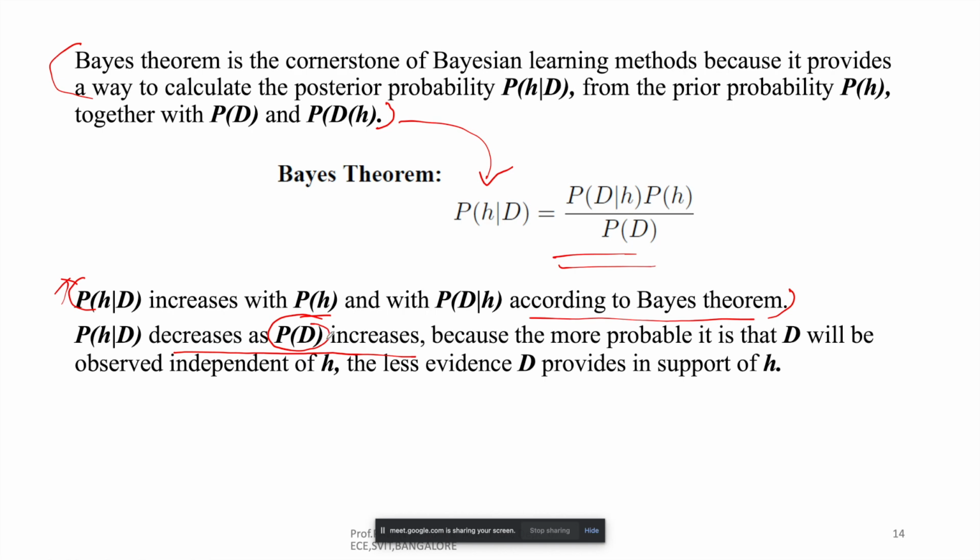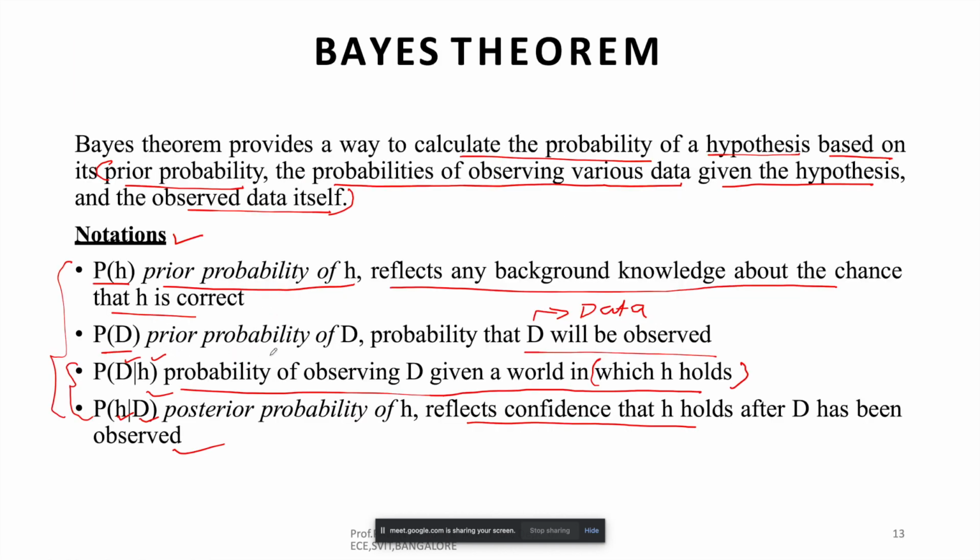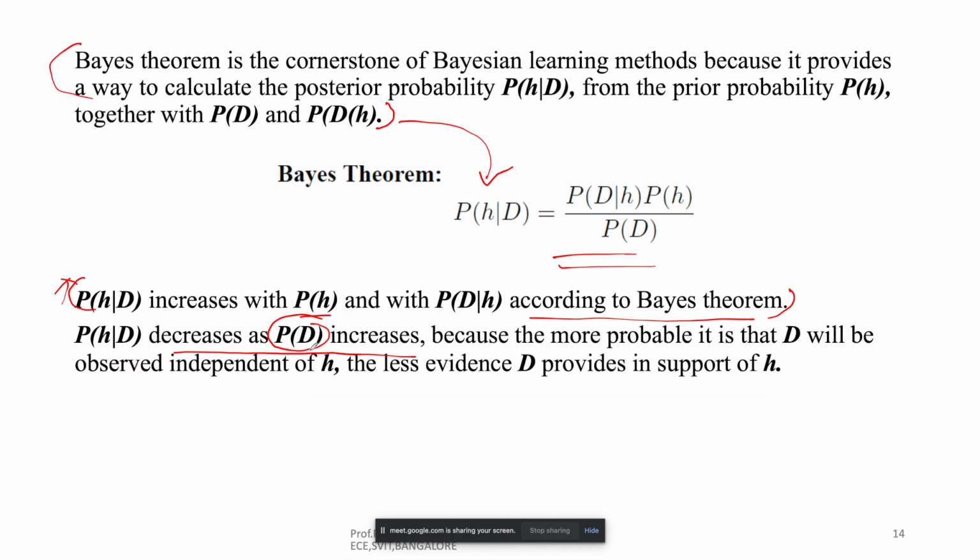Data, as I said, the prior probability of data. If this parameter is decreasing, it means your P of D is increasing, because the more probable it is that D will be observed independent of H, the less evidence D provides in support of H.